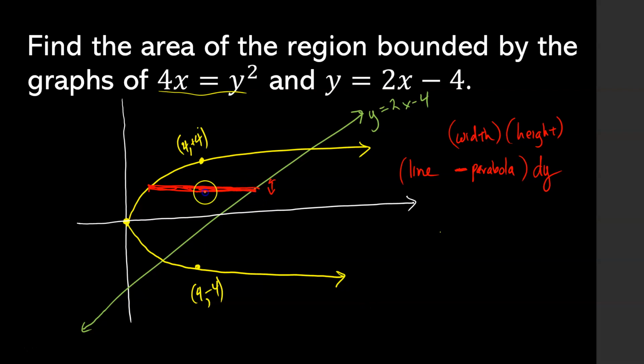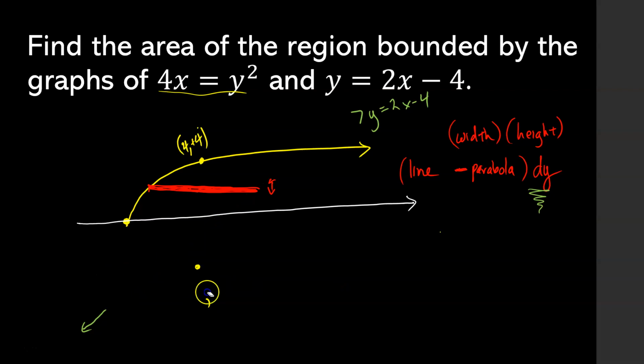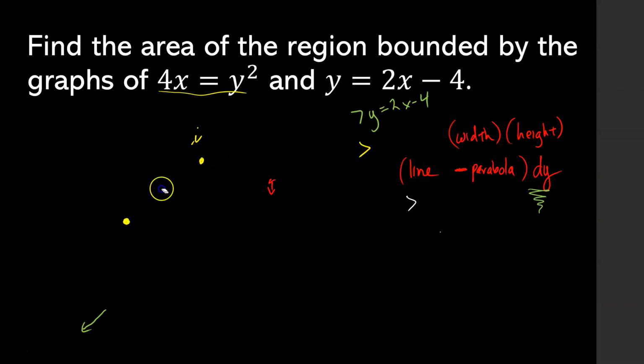It has a larger value than the parabola, which is on the left. But we have a problem, and that is this dy means everything needs to be in terms of y. So we're going to have to do some algebra to rearrange. Probably should have done that first. Oh well. Let's get rid of all this so I have some room to do algebra. You can, of course, rewind the video if you need to see it.